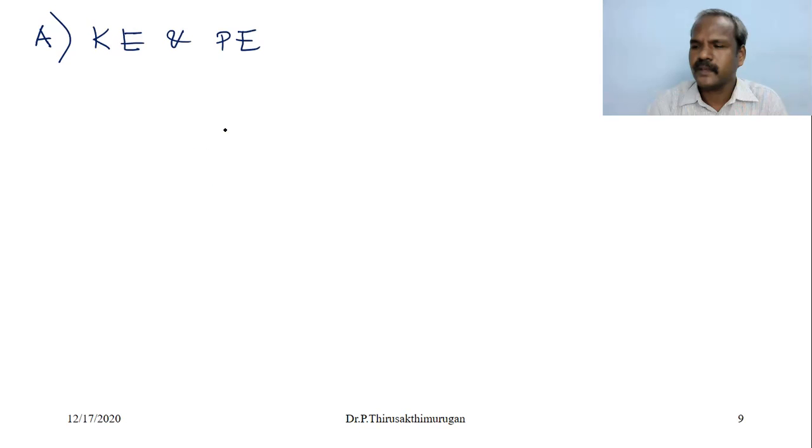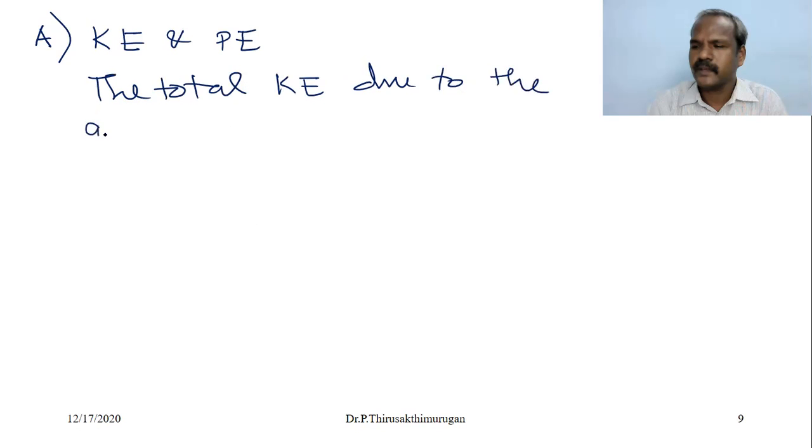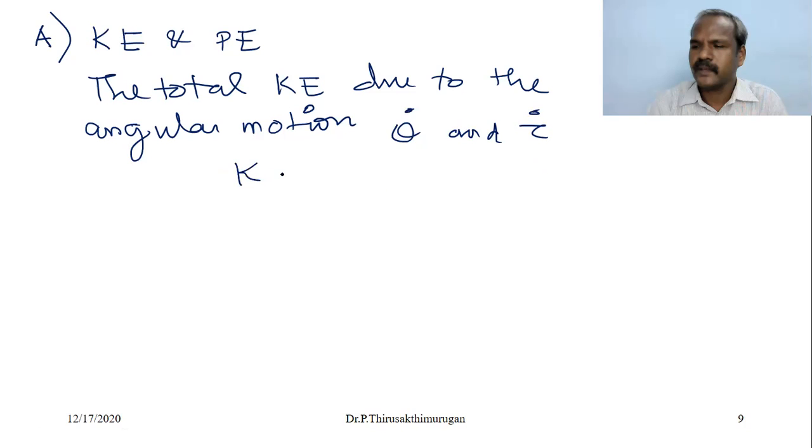So the total kinetic energy due to the angular velocity theta dot and r dot. The total kinetic energy K is equal to half m r squared theta dot squared plus half m r dot squared.